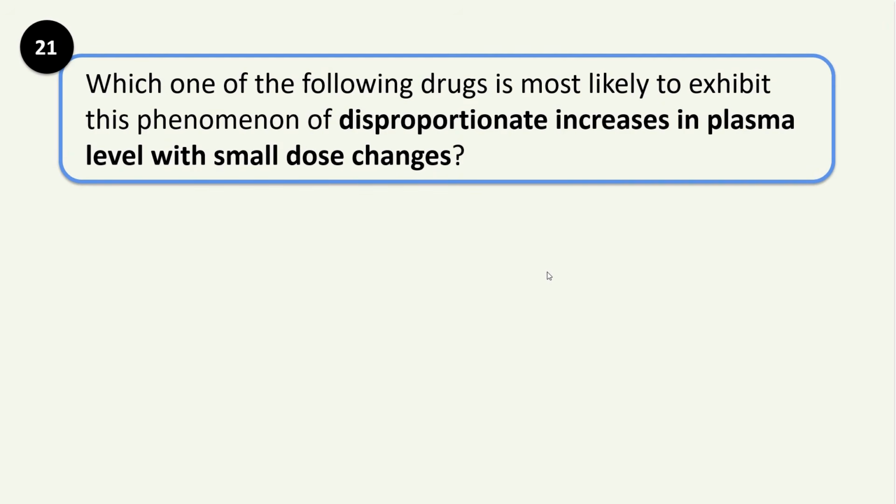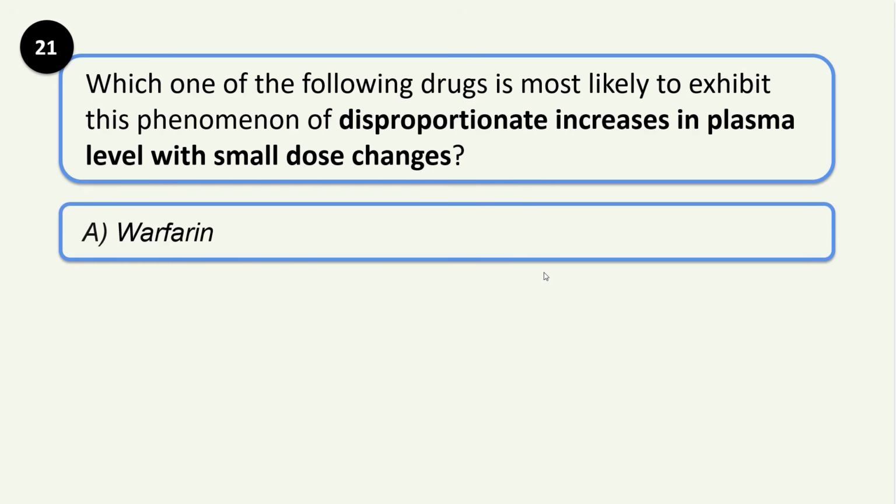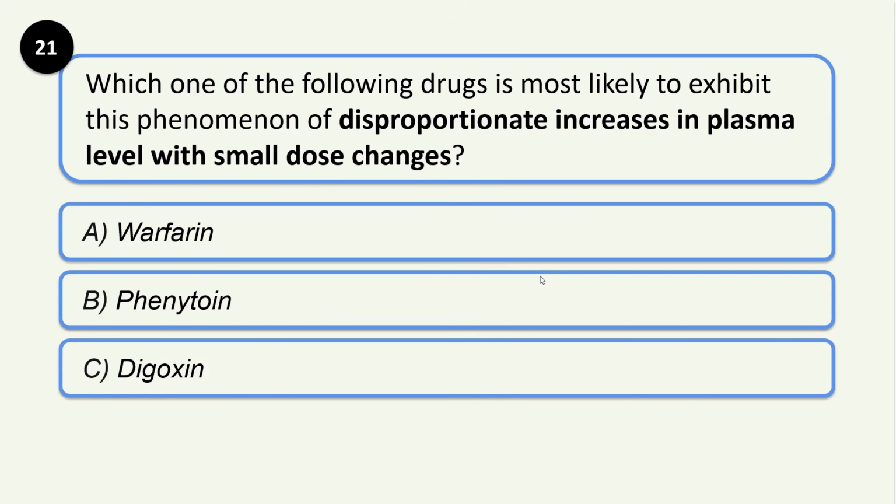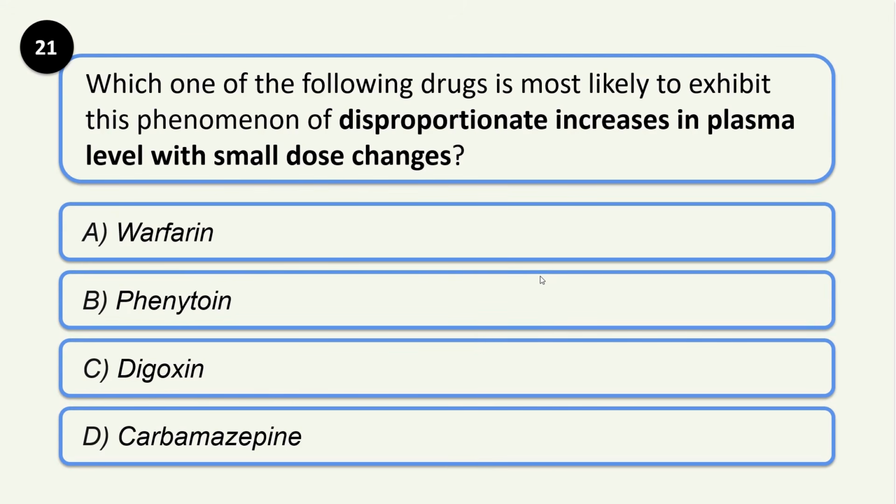Which of the following drugs is most likely to exhibit the phenomenon of disproportionate increase in plasma level with a small dose change? A. Warfarin, B. Phenytoin, C. Digoxin, D. Carbamazepine. Correct answer is phenytoin. Phenytoin has saturable pharmacokinetics.